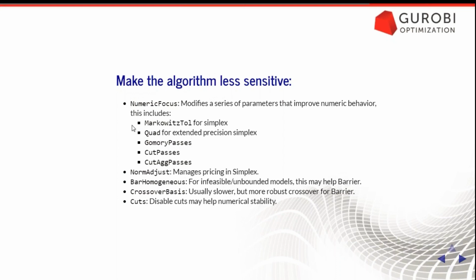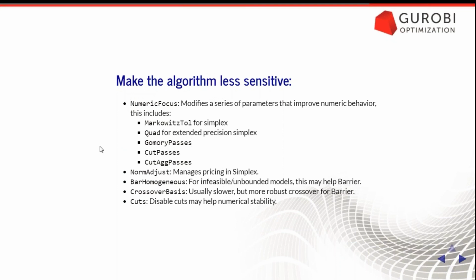It will also select when to switch to quad precision. It will also limit Gomory passes, which in some cases, especially for numerically challenging problems, may introduce issues. It may reduce the number of cut passes that we do, and aggregation, and so on. So this is a common thing for people to try when they're encountering numerical issues, to change the NumericFocus to either 1, 2, or even 3.